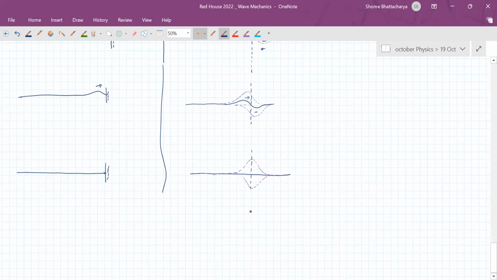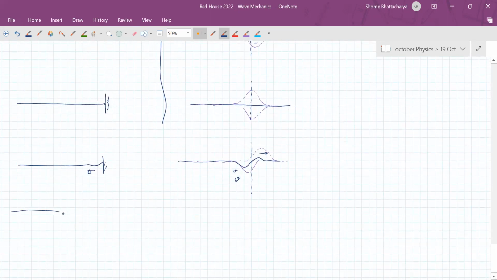And then next moment, the inverted pulse has come to the left hand side. So their superposition will now look like this. And then eventually you have.